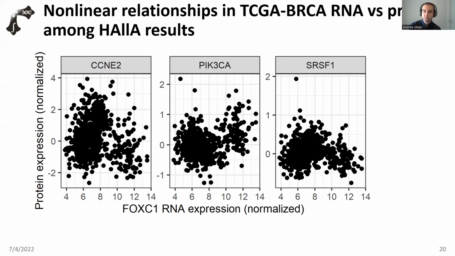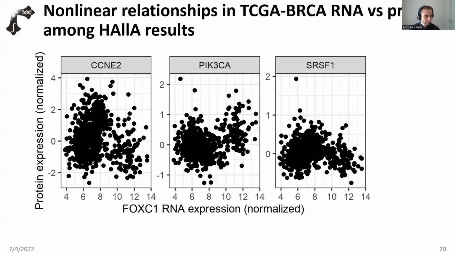So we found this by using the XICOR association metric. And this association metric looks for associations that are based on any measurable function. So not just your simple linear associations. And then we looked at results that didn't overlap with the simple Pearson correlation results.